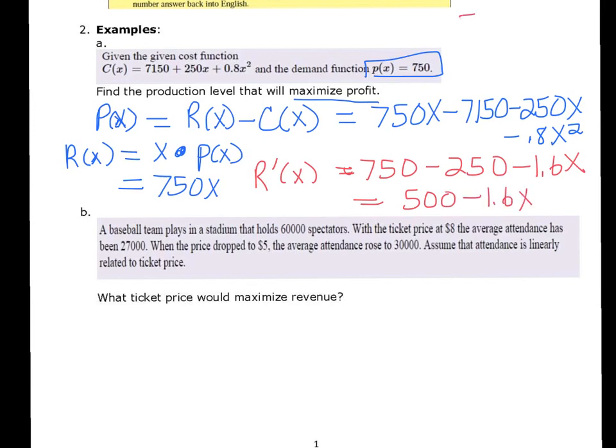So we're going to set that equal to 0 and solve it. Let me plug that in real quick. 500 divided by 1.6 is 312.5.